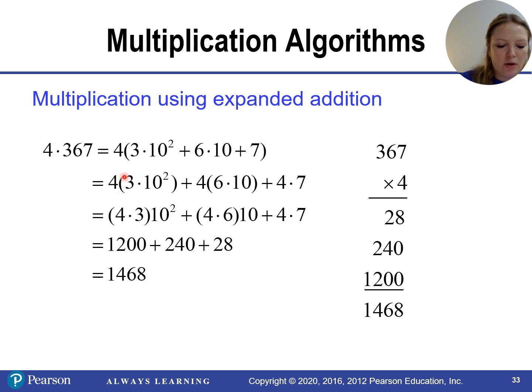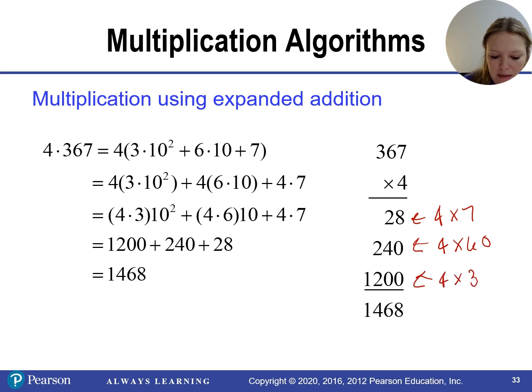So 4 times 10 squared times 3 is 12 times 10 squared, or 1200. And then 4 times 6 tens is the same thing as 4 times 6 times 10, or 240. And 4 times 7 gives us 28. So written out like this, we would have 28 coming from our 4 times 7, 240 coming from our 4 times 60, and 1200 coming from our 4 times 300.